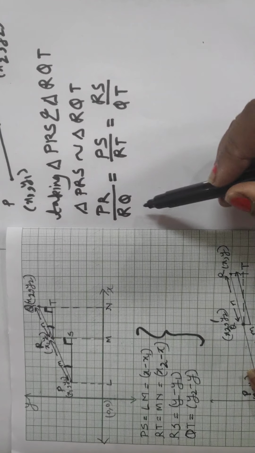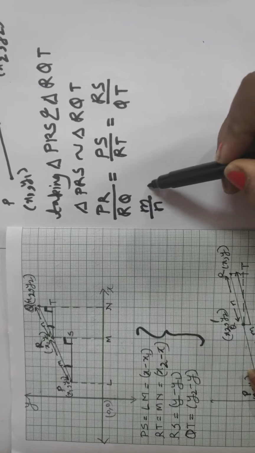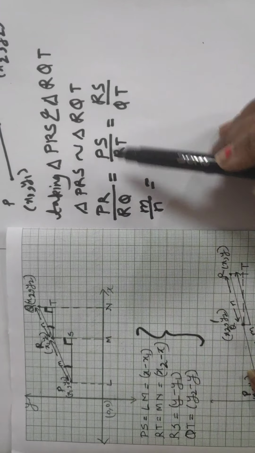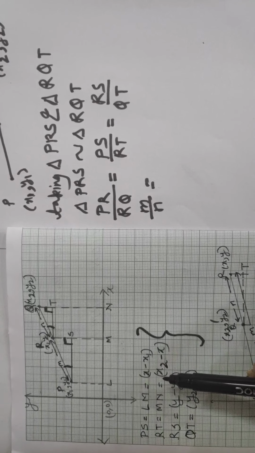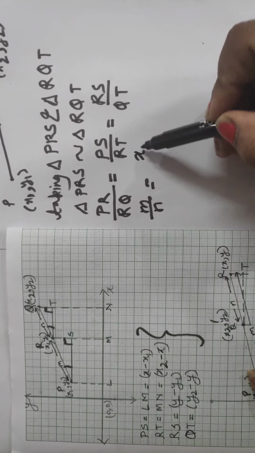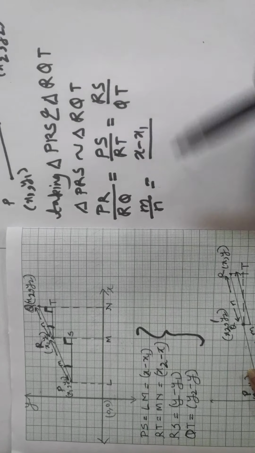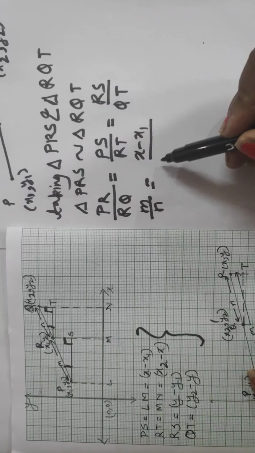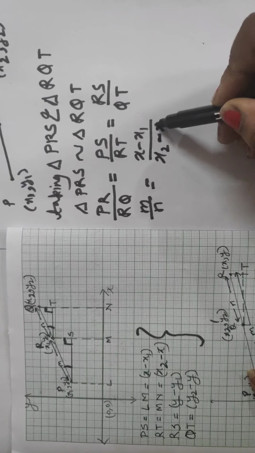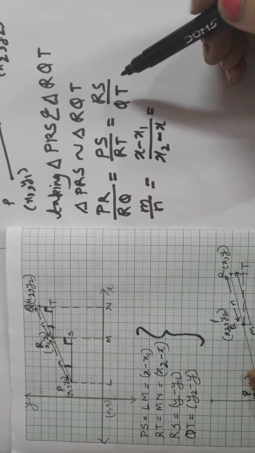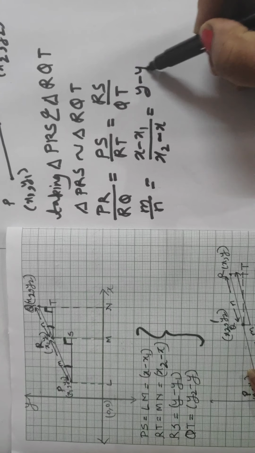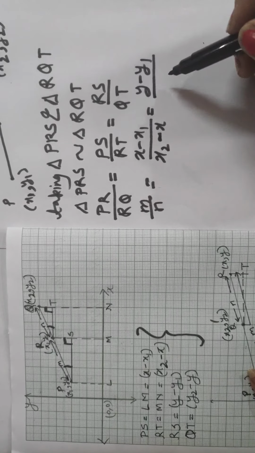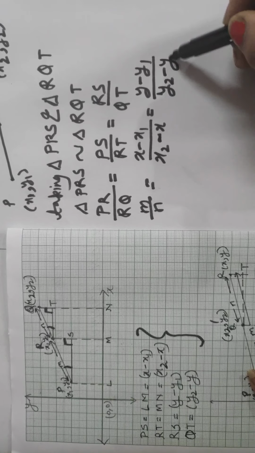Now, m upon n is equal to PS. PS we have already found the value, that is x minus x1, upon RT, that is x2 minus x, that is equal to RS, that is y minus y1, upon QT, that is y2 minus y.